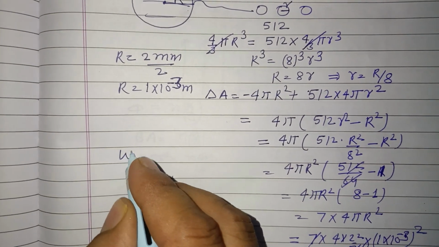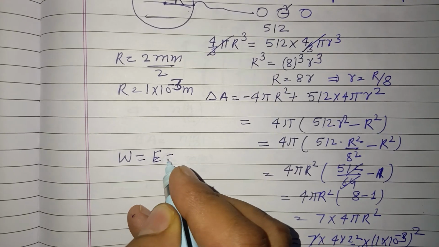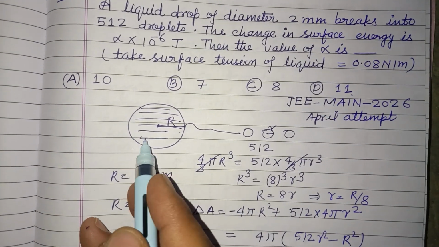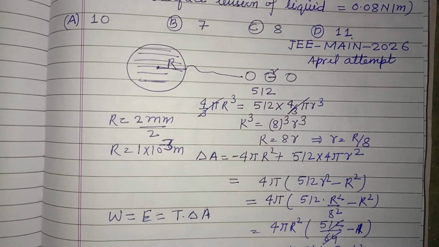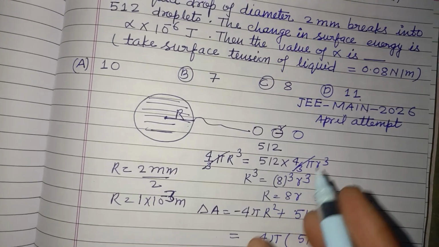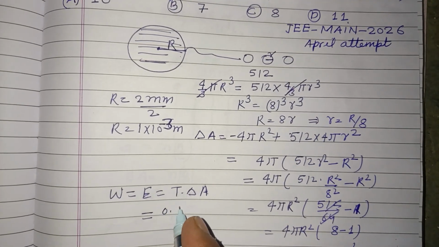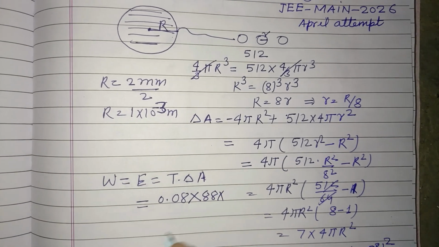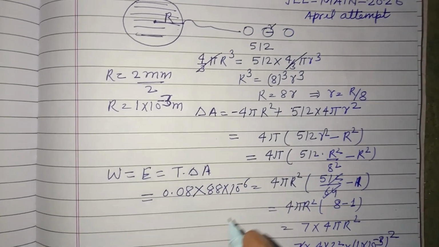So work done or change in energy equals T into del A, because it has only one surface. If this were a bubble, we would take 2T into del A, but here we take only T into del A. T is the surface tension, which is 0.08, into 88 into 10 to the power minus 6.